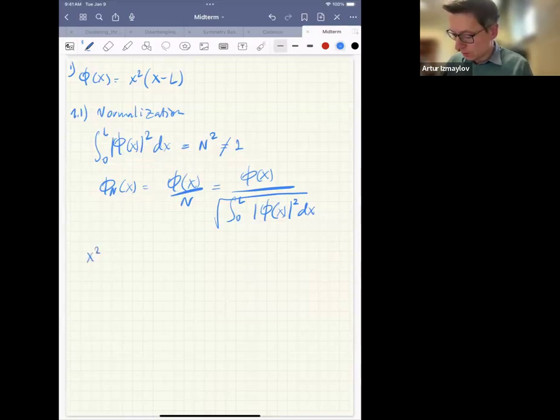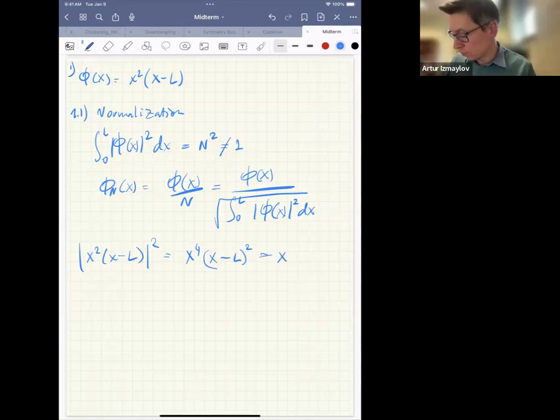x squared times (x minus L), you need to square. The absolute square is just a square because it's a real function. So it's x to the fourth times (x minus L) squared. Here some people already made a mistake by not squaring correctly.